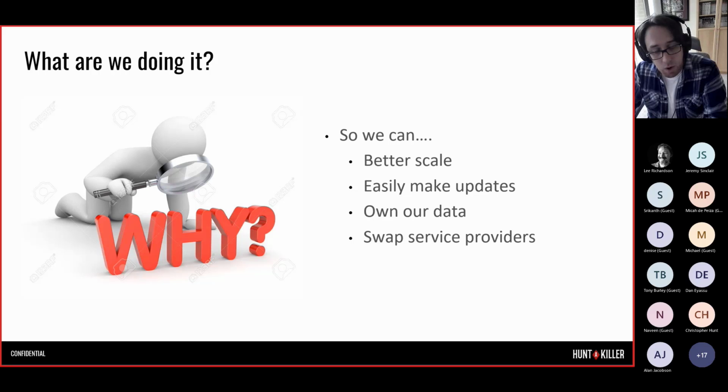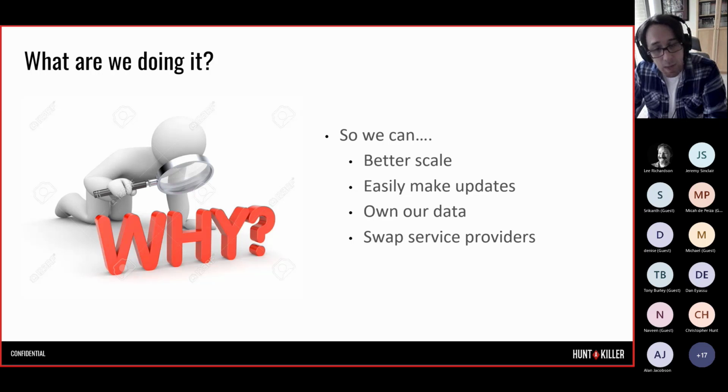But as we begin to grow and as we begin to scale, some of these third-party providers just won't be able to provide the amount of uptime or the request throughput or things like that we need.